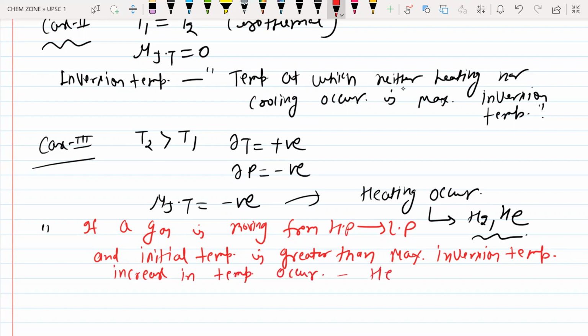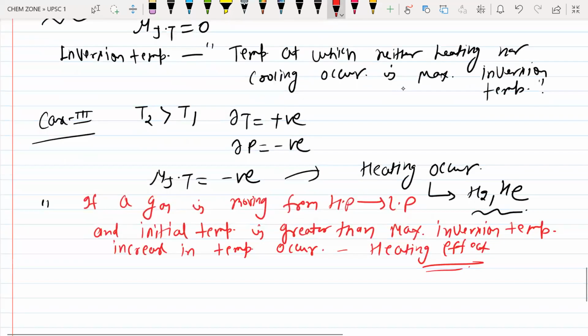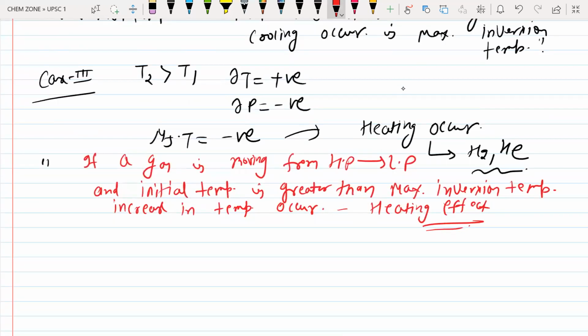This is the Joule-Thomson heating effect. These are the cases which are related to the value of Joule-Thomson coefficient.